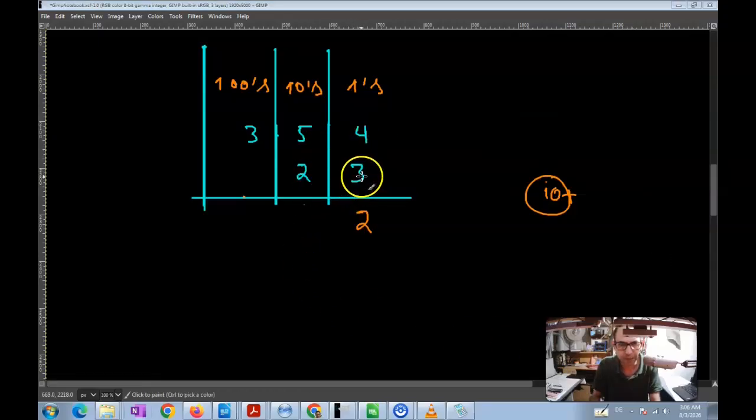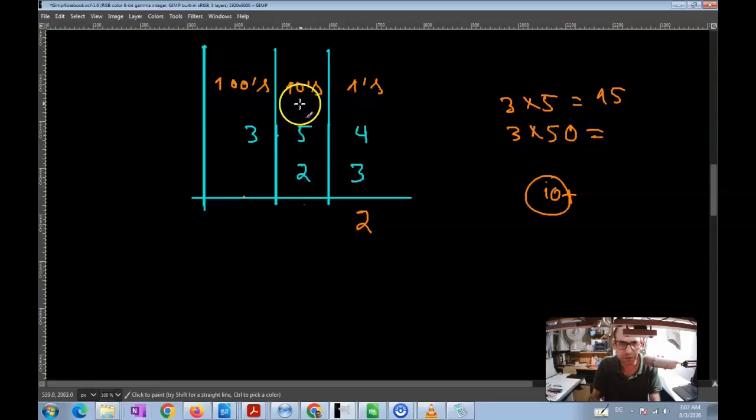Now again the 3 times 5, which is equal to 15, but then this is 3 times 50, because this 5 is in the tens place value, and so 3 times 50 is 150, right? And 150 plus a 10, we have a 10 over here, so that becomes 160.